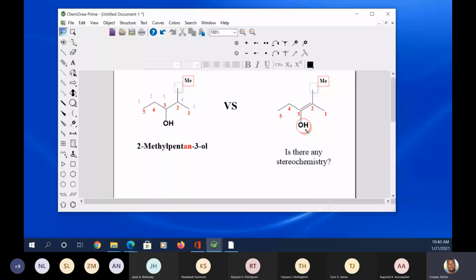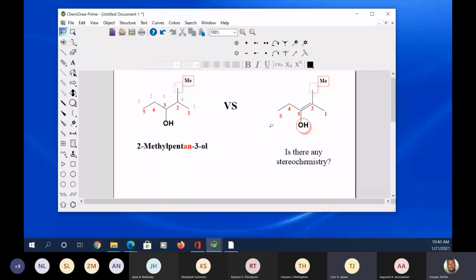Carbon 2, let's look at this really closely. Which carbon has priority? This methyl or that methyl? The one on top. The one up top? Tell me why. Why is this one higher priority than that one? Is it because it's near the double bond?